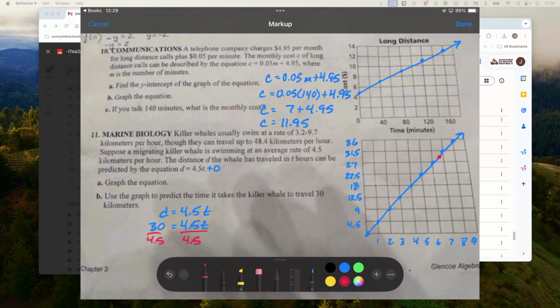And so 30 divided by 4.5 is 6.67 if I was to round it. So about 6.5 hours is what I would get if I was to use the graph. A more precise answer is the 6.67 that I got from using the equation.